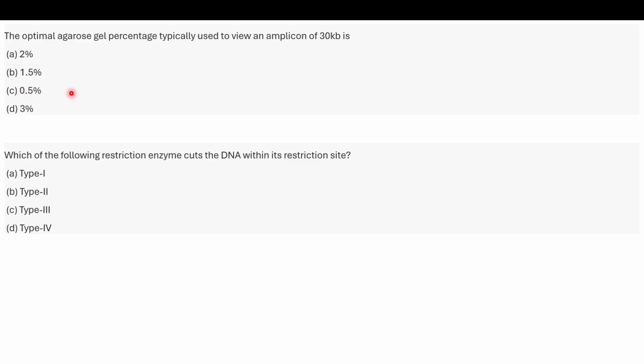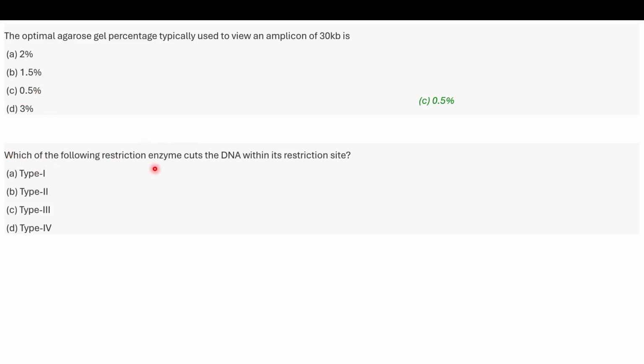So for 100 bases or 50 bases or 90 bases, we use 2% or 1.5% gels. 3% is an even higher percentage, and the denser it is, the slower the gel will run. These things have to be kept in mind when you are practically doing them. But for this particular question, for running such a large amplicon, the percentage of the gel will be 0.5%.